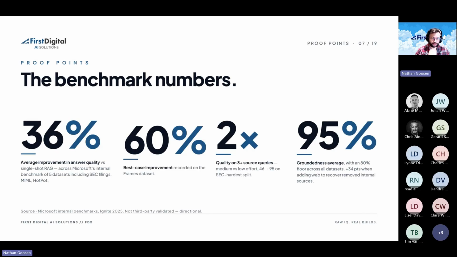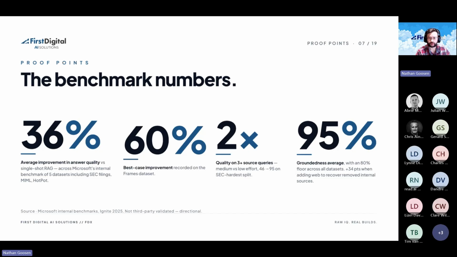So let's talk about some numbers, some benchmarking. So these are all Microsoft benchmarks, minimal effort against medium effort across 5 data sets. So that's SEC filings, insurance data, HotpotQA, and others.